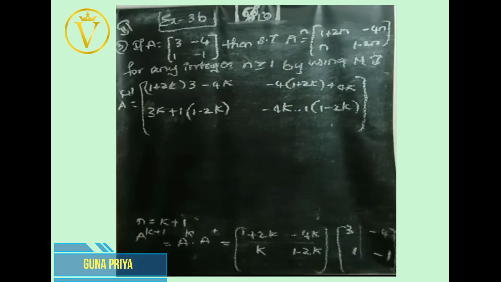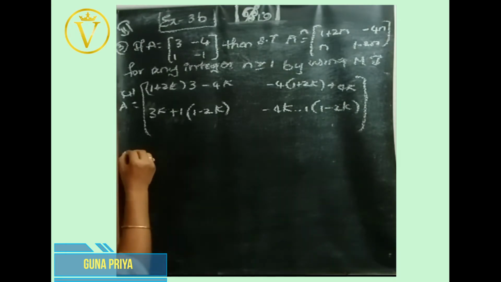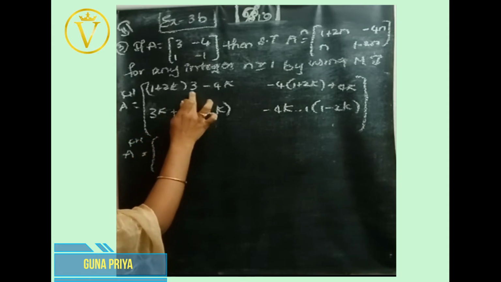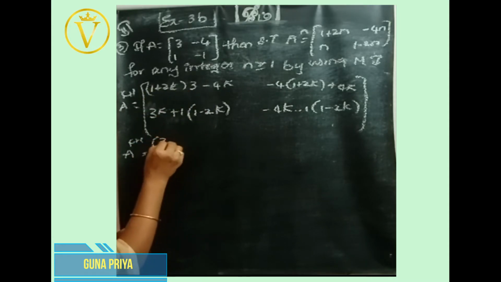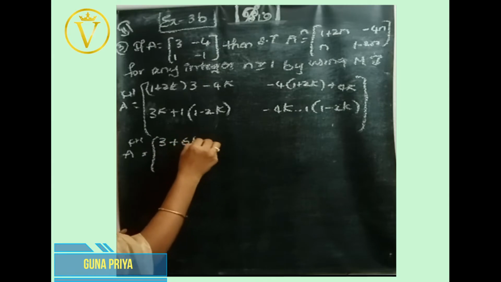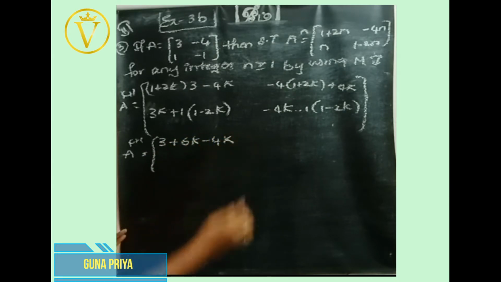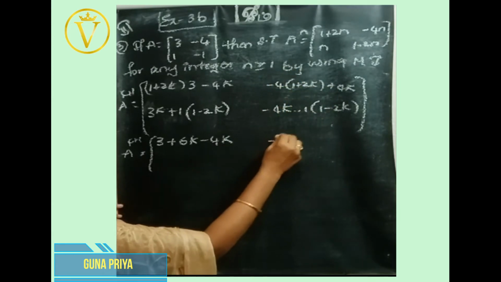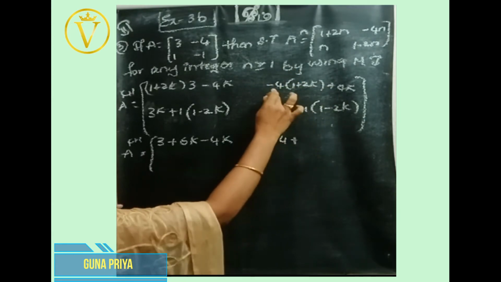Now simplify it. A power k plus 1 equals, now multiply 3 with the whole term: 3 plus 6k minus 4k. Now multiply minus 4 with this whole term: minus 4 plus 8.